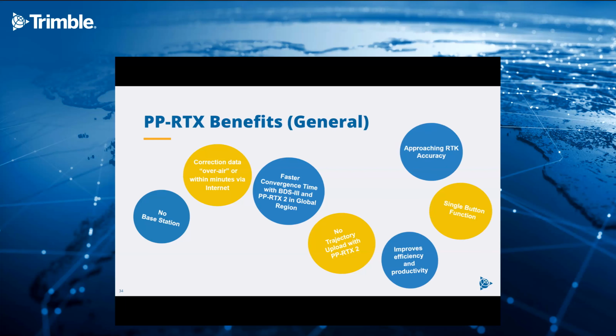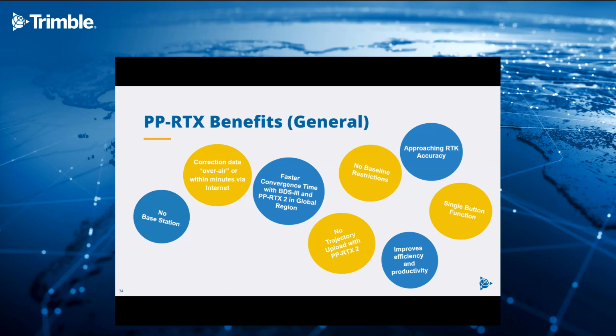We are approaching RTK accuracy, as we said before, 3 centimeter horizontally, 6 centimeter vertically. There are no baseline restrictions here. That's another headache typically if you do single base processing or even smart base processing or multi-single base processing.